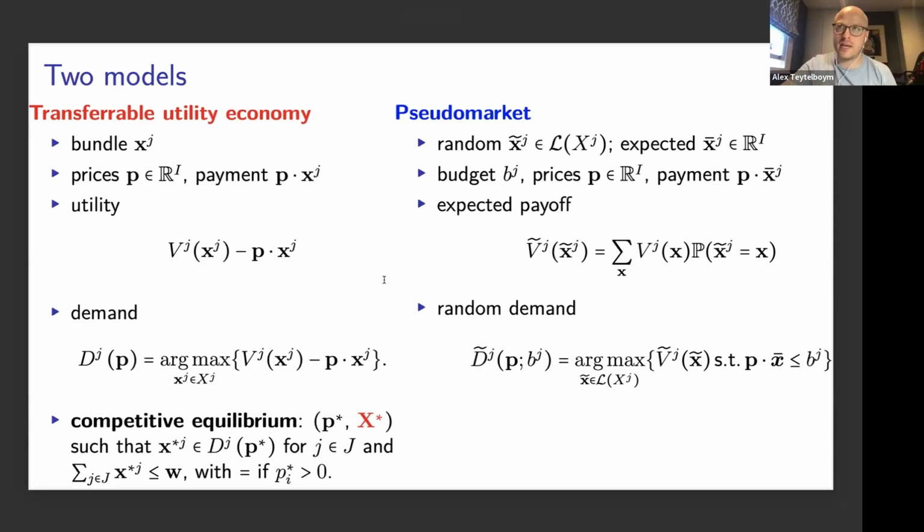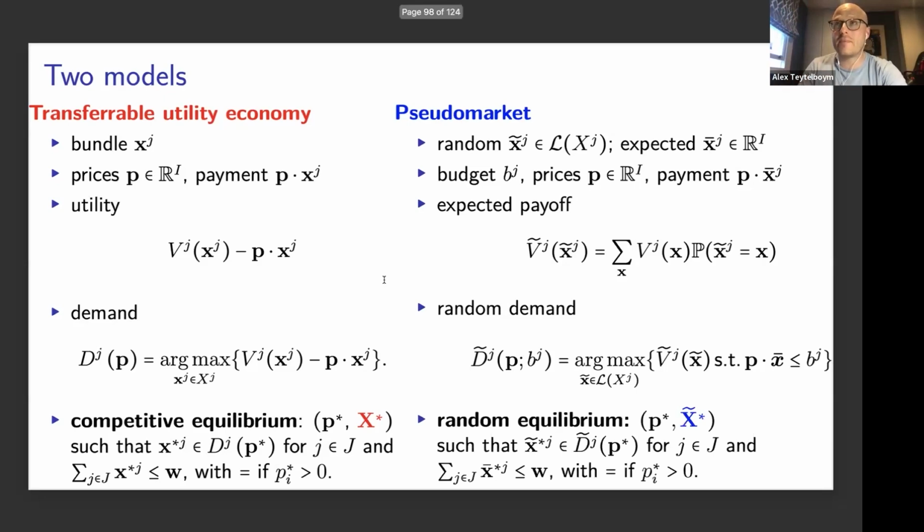Remember, you're paying in expectation. That cannot exceed the budget. You receive expected payoff also in expectation. So this is how you do your evaluation. Okay. So our agents in our previous example, I give you $1. You want to buy a 50 lottery of getting the apple and banana and nothing. So you say, okay, what is the most I can get? And so that's how they decided on this.